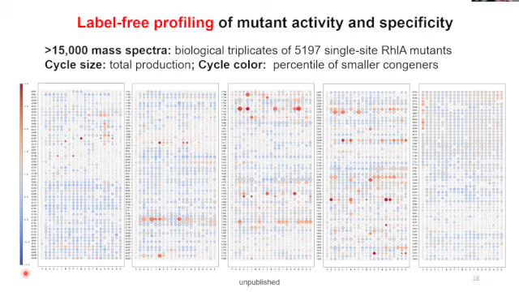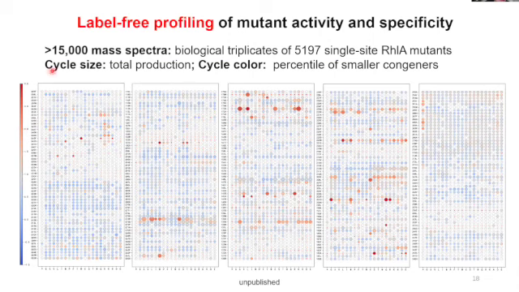I apologize for how busy these figures are, but you could see the x-axis is different mutations and the y-axis is different residues. Basically, we obtain three mass spectra per mutant, and then we have computational algorithms to visualize the results.